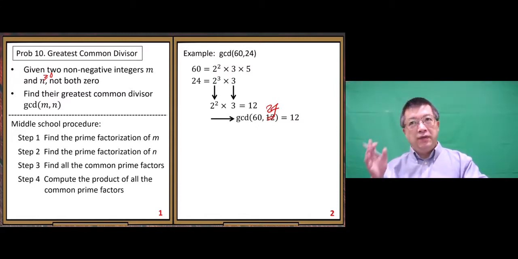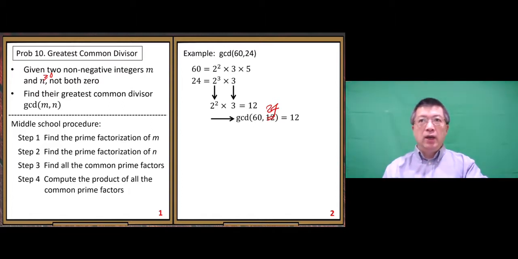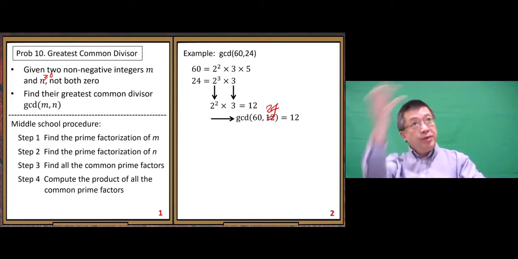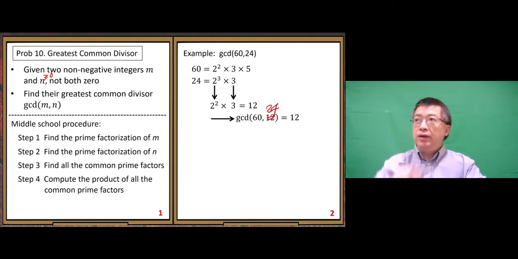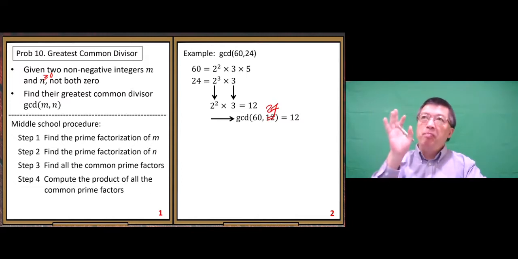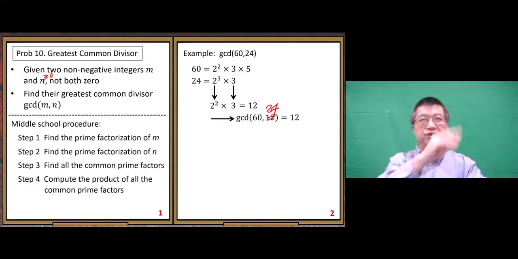All right, so that's the whole procedure for middle school math. Here, the problem is solved. Why do we do it here? You may ask that question. There is one big problem in this solution.